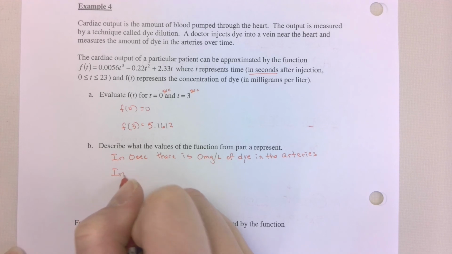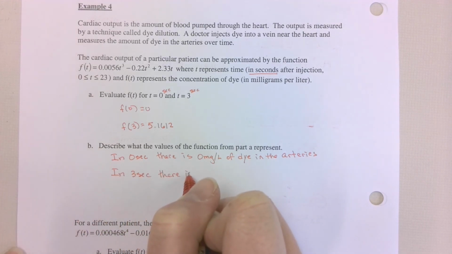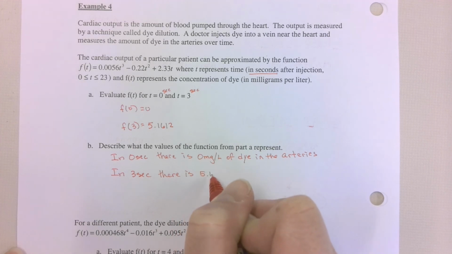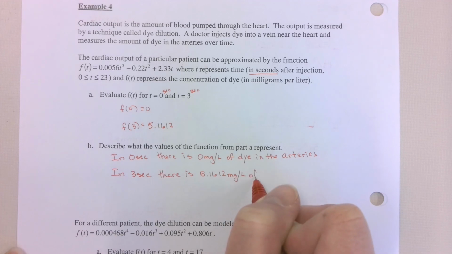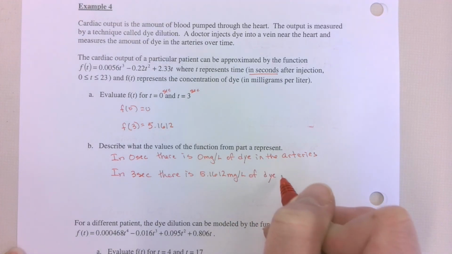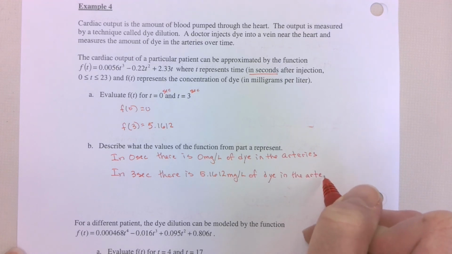In 3 seconds, there is 5.1612 milligrams per liter of dye in the arteries. Now they're measuring this in a specific area.